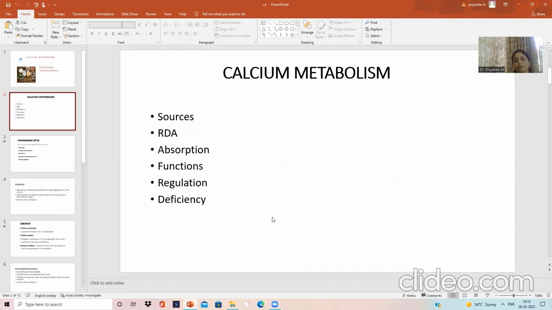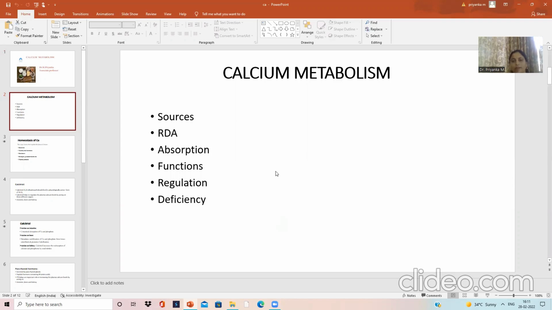You all know why we need calcium. We need calcium for various metabolic functions. One is bone and teeth formation. Then we need calcium for muscle contraction and for the transmission of nerve impulses.